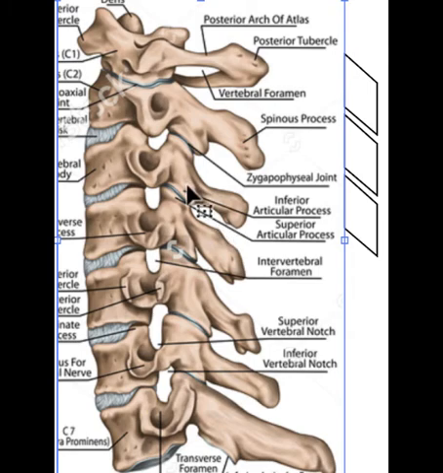Now let's look at the C3 vertebra. This is the superior articular process of the facet of C3. Look where it is. It is relatively posterior compared to where the C1 is joining to C2.